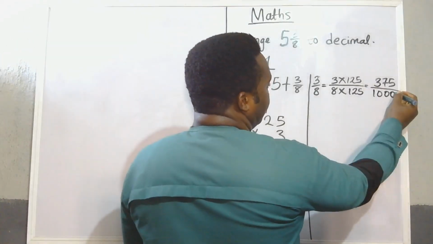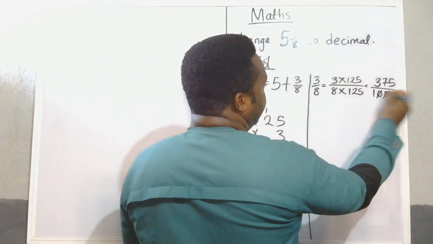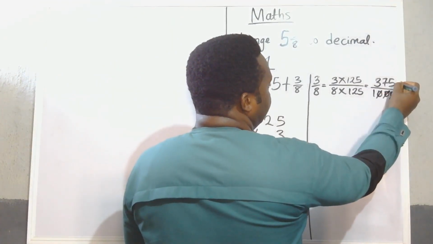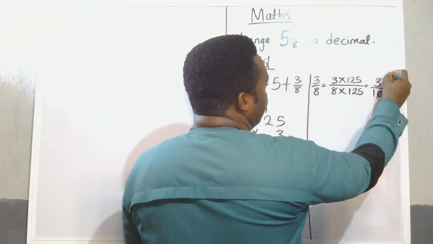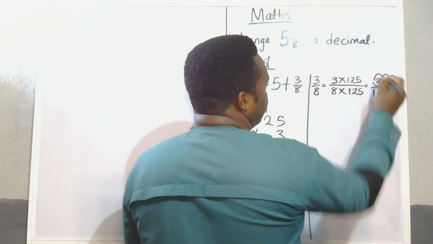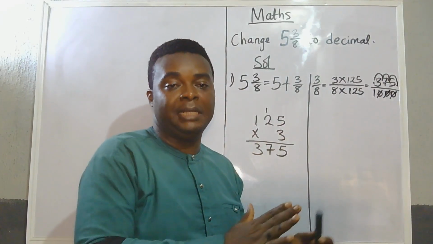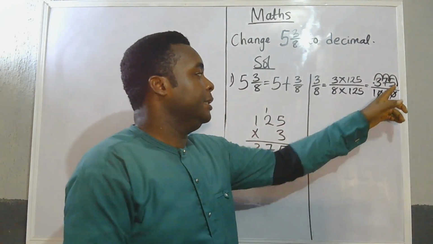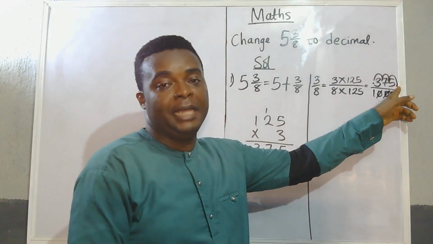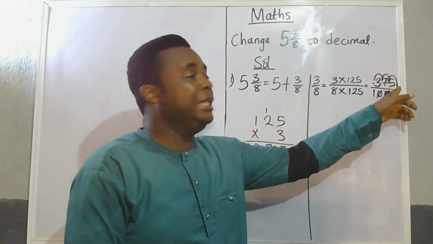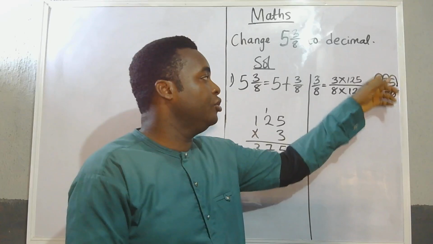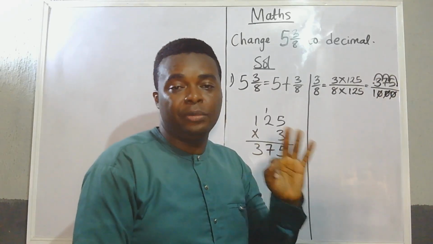I will cancel the zeros. 1, 2, 3. And then my point comes there and I move 1, 2, 3. Remember what I told you, that behind every whole number there's a decimal. So there's a decimal, an invisible decimal behind 375. I move these 3 times. 1, 2, 3, because I cancelled 3 zeros.